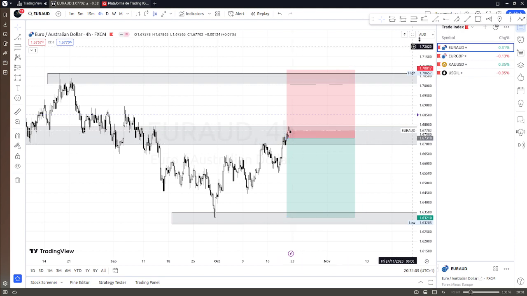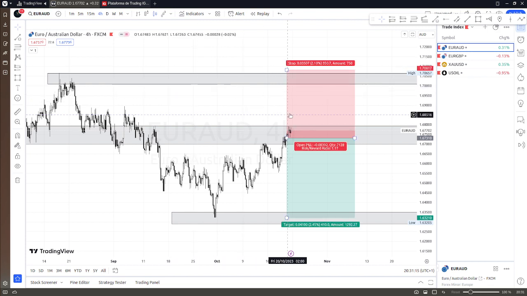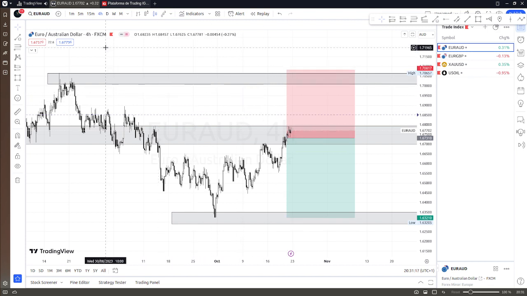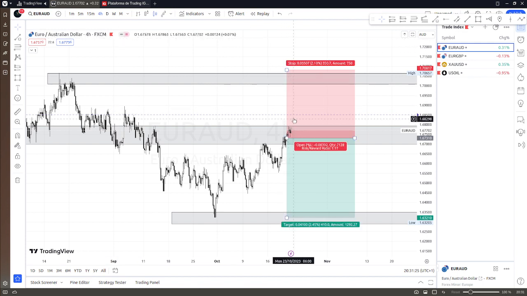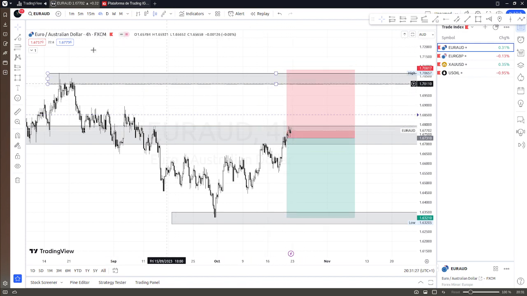It's not really that much, it's about 0.23. So that's not much at all. And as well, we can hedge this position just in case, and make the loss a little bit lighter than it would be if I just put a stop loss over here, by hedging, of course.